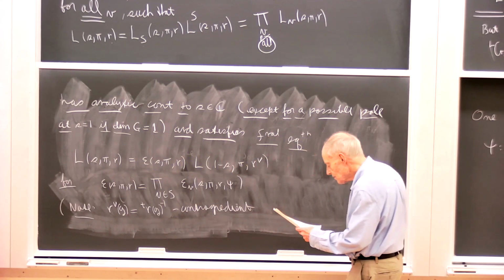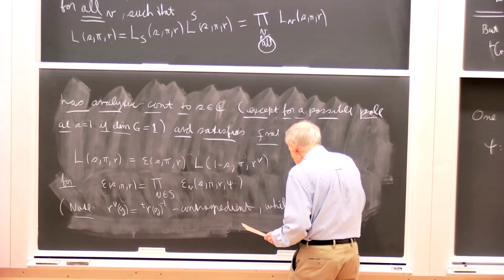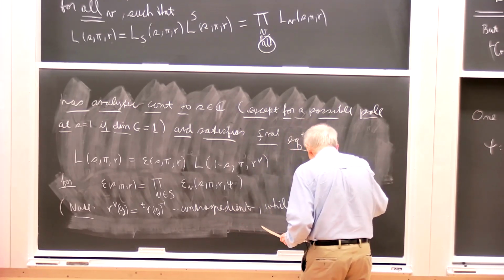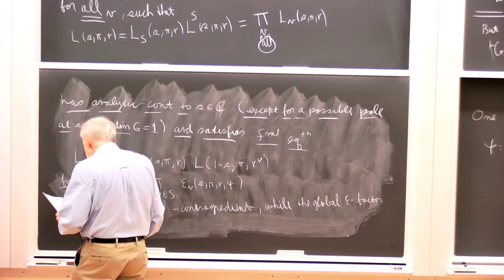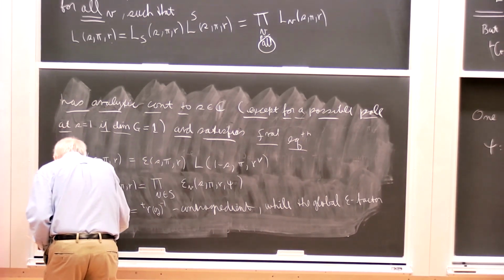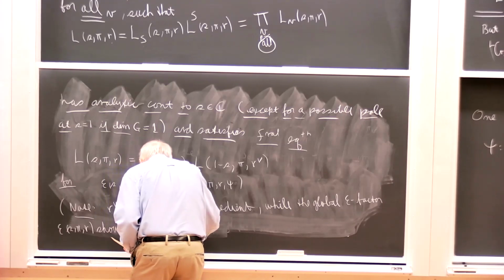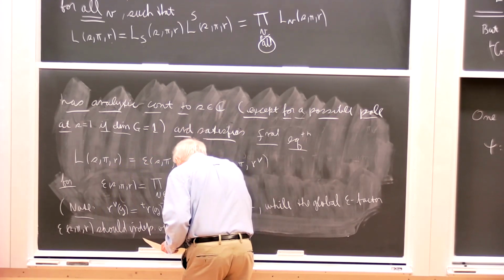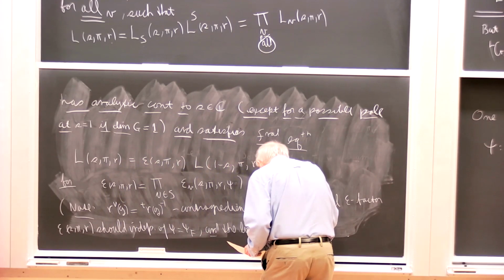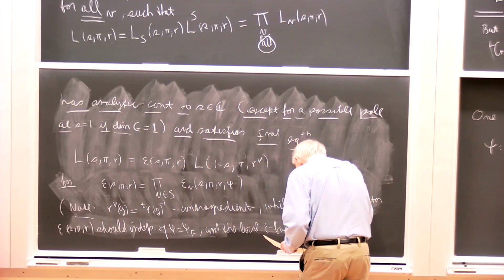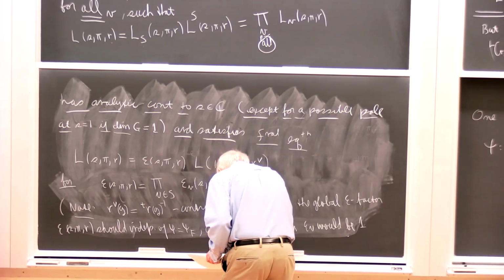And while I'll repeat what I just said, the global epsilon factor ε(s, π, r) should be independent of ψ, and the local epsilon factor ε_v would be 1 if v is unramified.